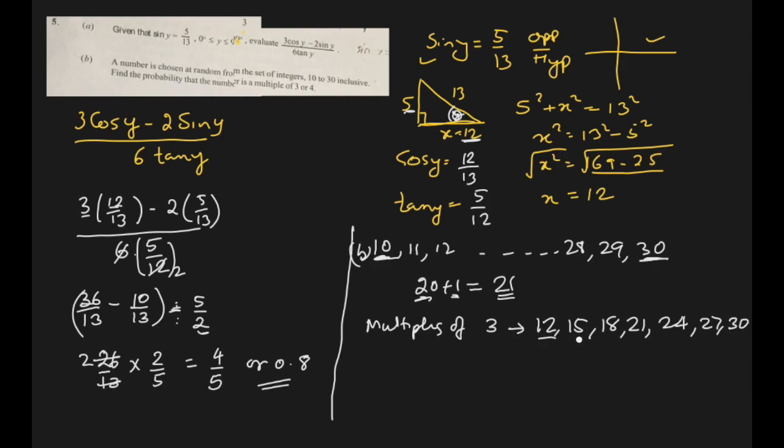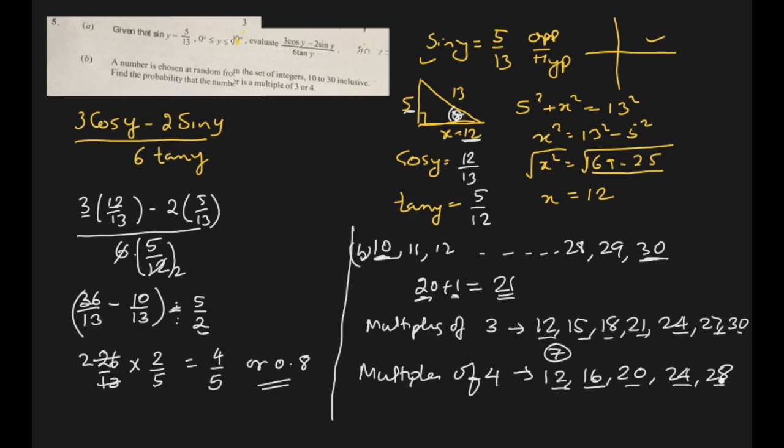How many are they? 1, 2, 3, 4, 5, 6, 7. They are 7. Similarly, multiples of 4: 10 is not, 12 is the first, 16, 20, 24 and 28. How many? 1, 2, 3, 4, 5.